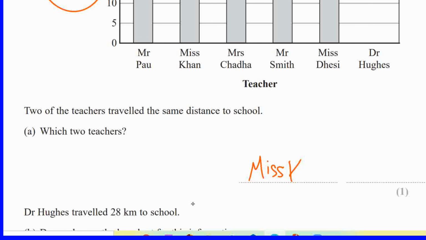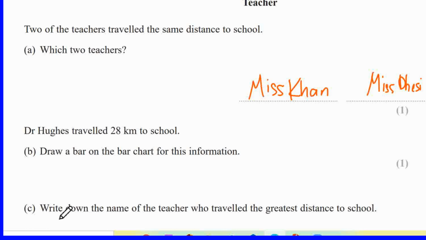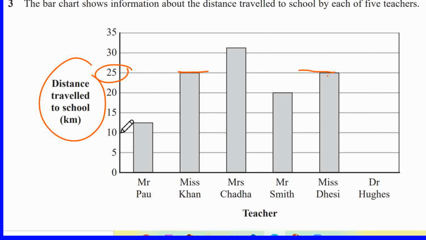Dr. Hughes travels 28 kilometers to school. For this information, 28, so we see this is 30, this is 25, so 28 will be in the middle, but just a bit above the middle.